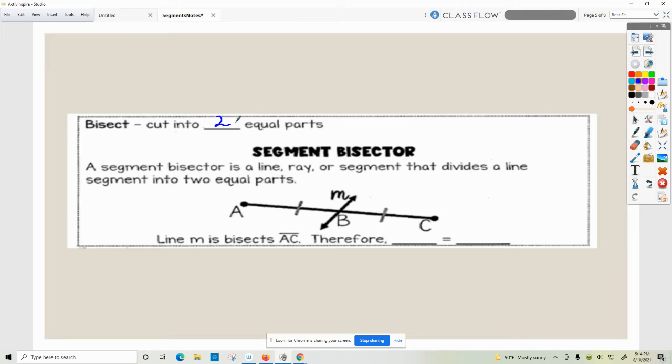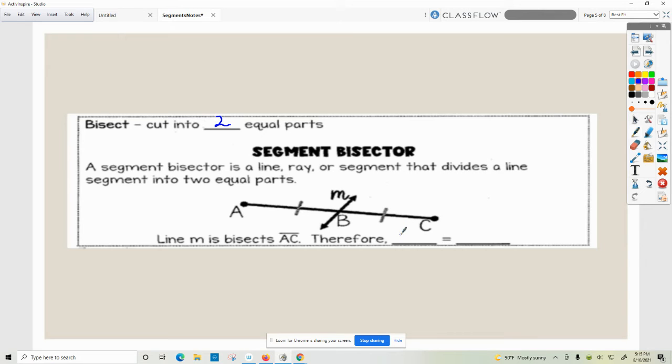So I'm going to have two congruent pieces. So a segment bisector is a line, ray, or segment that divides a line segment into two equal parts. So when I look at this, line M bisects the little segment called AC.